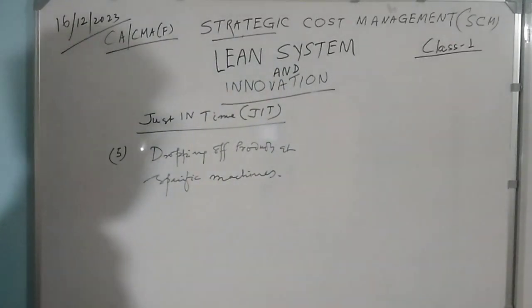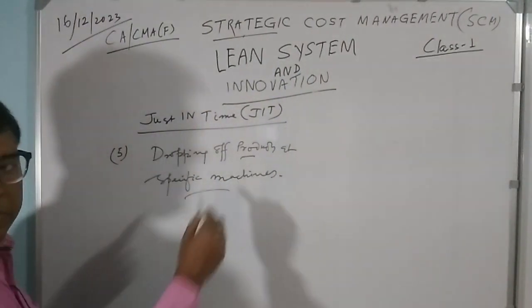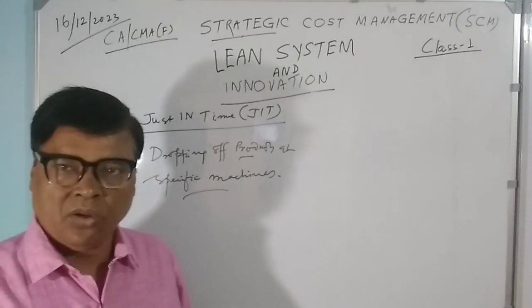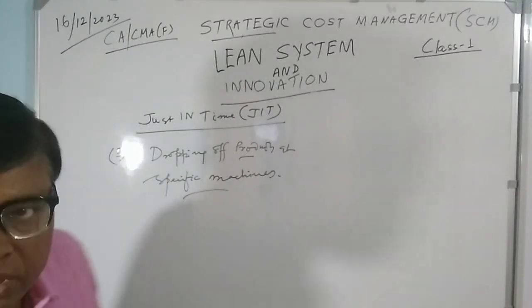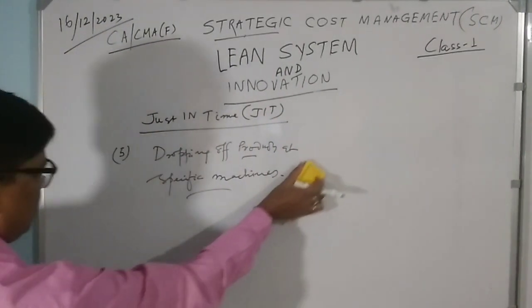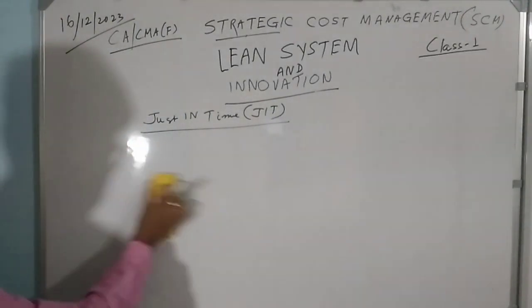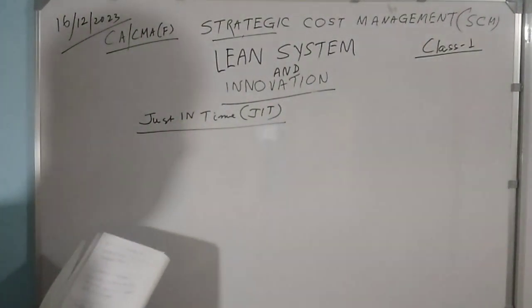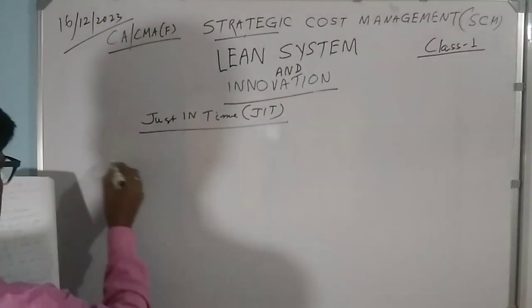See, you have to drop the particular products at the specific machines, so that your time loss will not be there. So this is also very simple. You have to drop your products at the exact place.